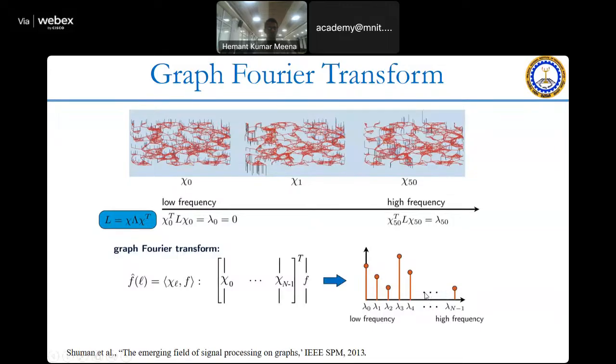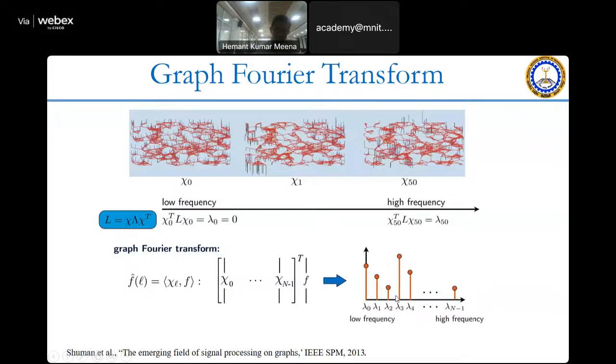So what we are seeing in this right hand figure is that in the graph Fourier transform, you are able to know which frequency is present, how much, and which frequencies are dominant. For example, lambda 0 is very much higher. What about this lambda 1?